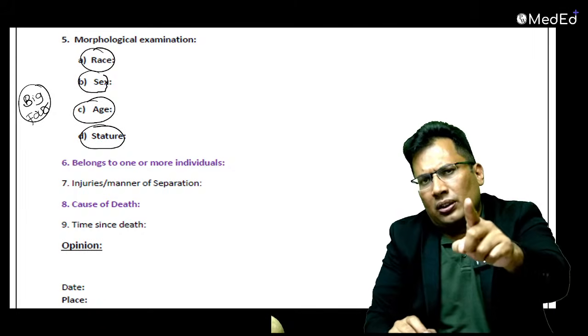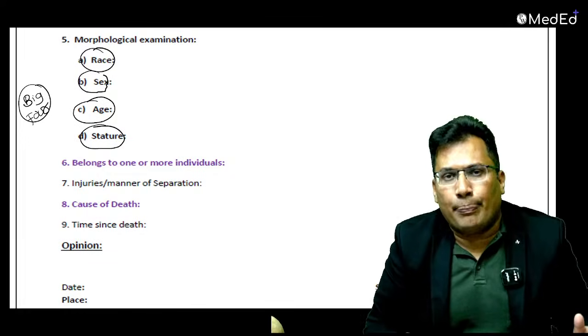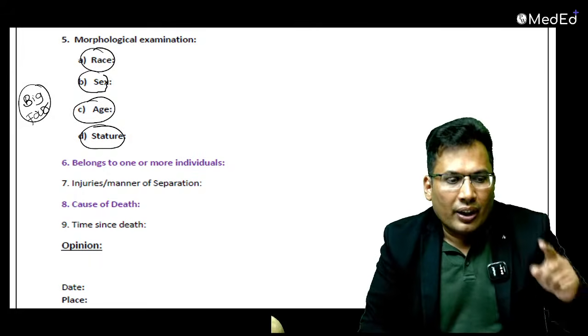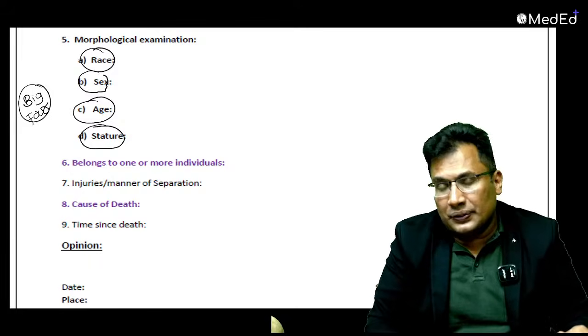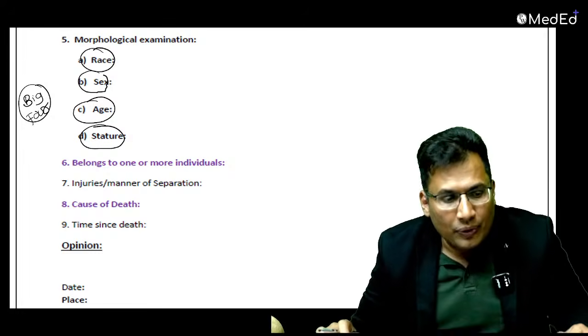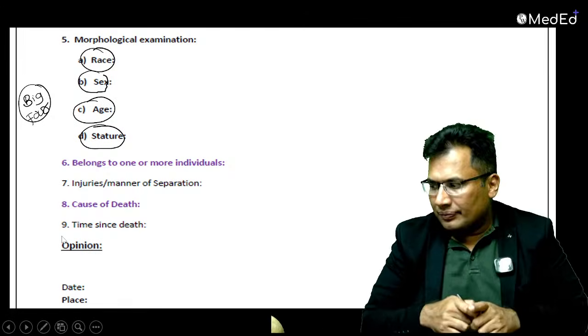Big four in snakes: Russell viper, saw-scaled viper, common cobra, common krait. Big four in identification: race, sex, age, and stature. A question asked in exam, how to estimate the race of the person? Can anyone answer?